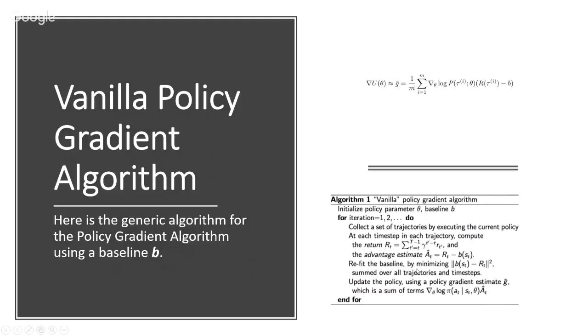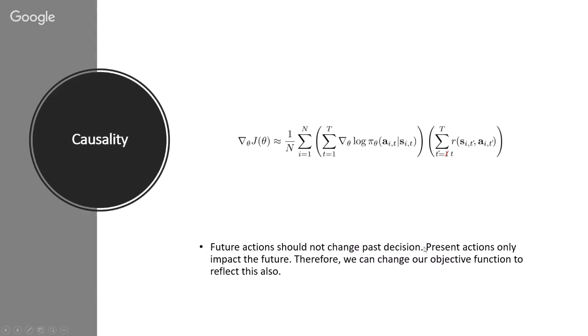We refit the baseline by minimizing the baseline in the state minus the reward, summed over all trajectories and time steps. We then update the policy using the policy gradient estimate, which is the sum of the terms. And then from that point, we look at this.